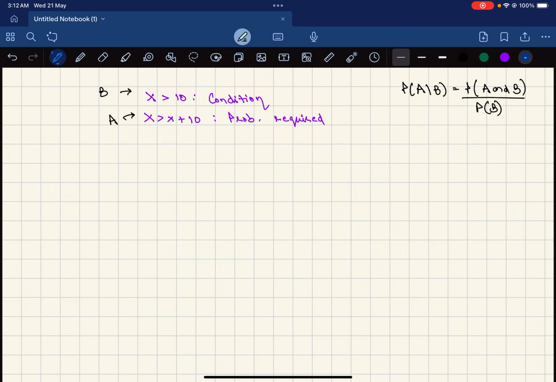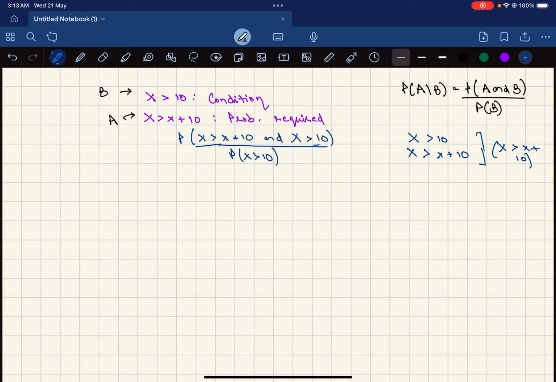Therefore we can write the numerator now as P(x > x plus 10 and x > 10) divided by P(x > 10). Now, if x is greater than x plus 10 and x is greater than 10, the intersection of these two events would simply mean x is greater than x plus 10, because if x is greater than x plus 10, then it has to be greater than 10 as well.